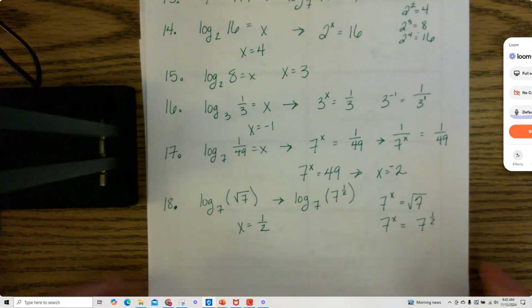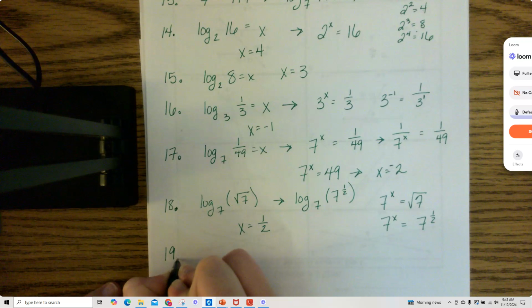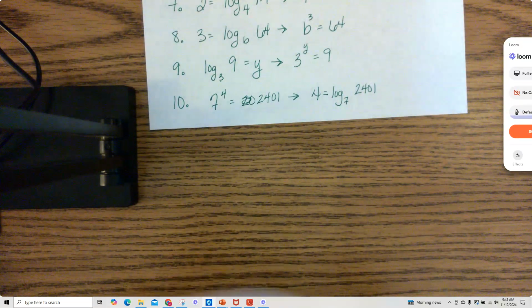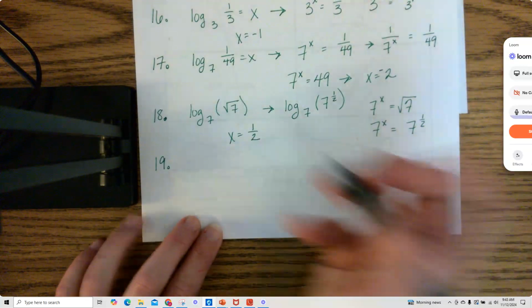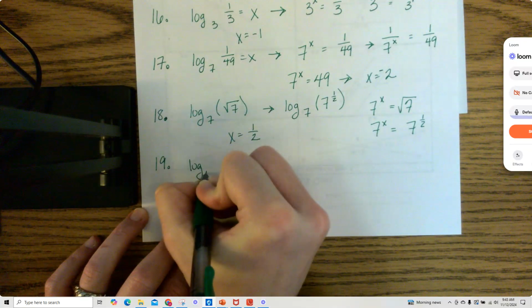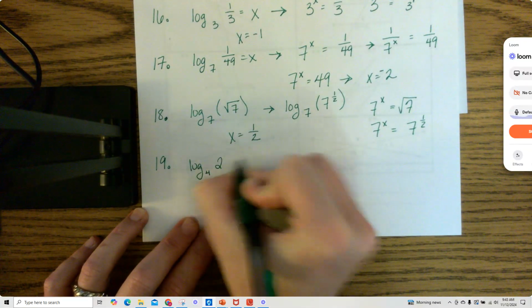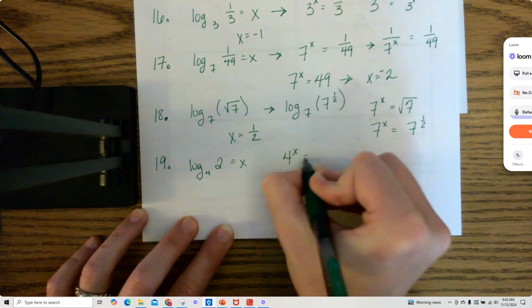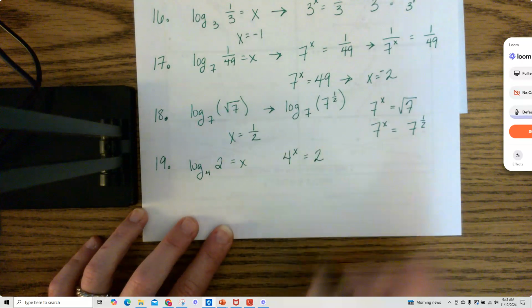All right, 19. Log base 4 of 2. So 4 to the x equals 2.